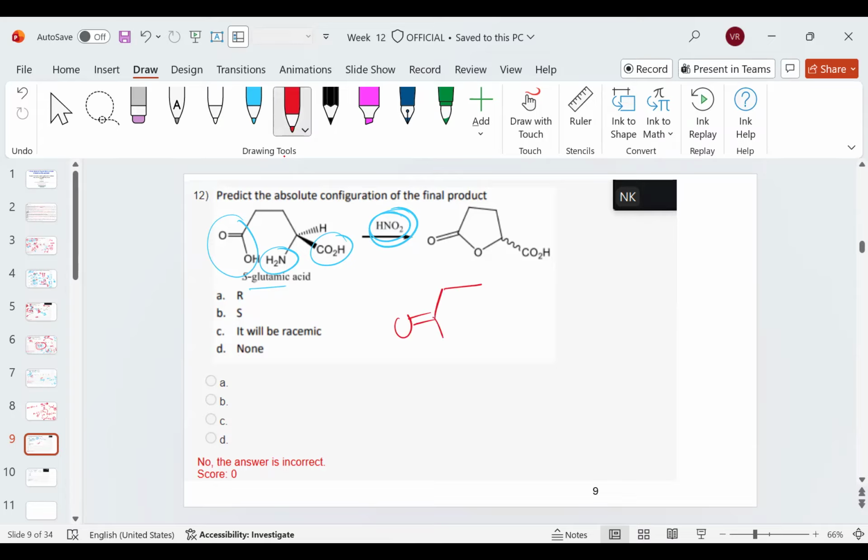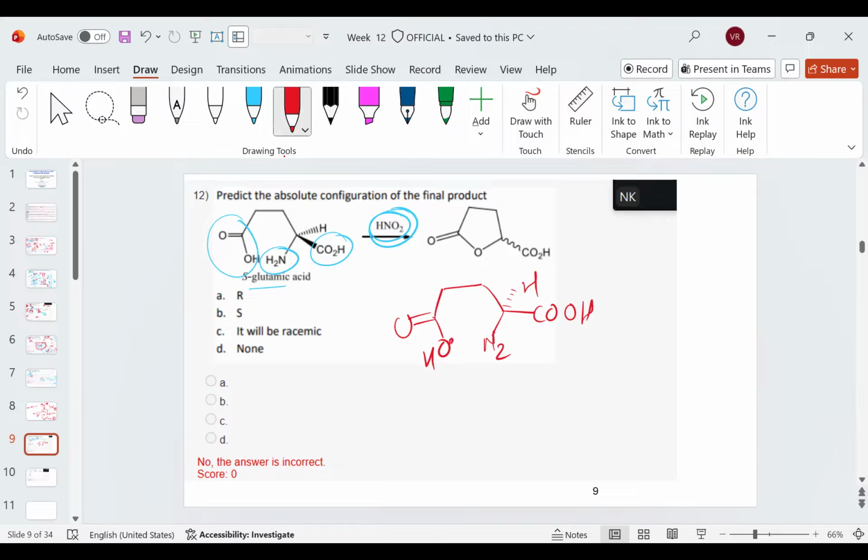Anyone? So it basically forms N2, right? Something like this. Then what we have here is the acid group. So N2 is now a good leaving group.